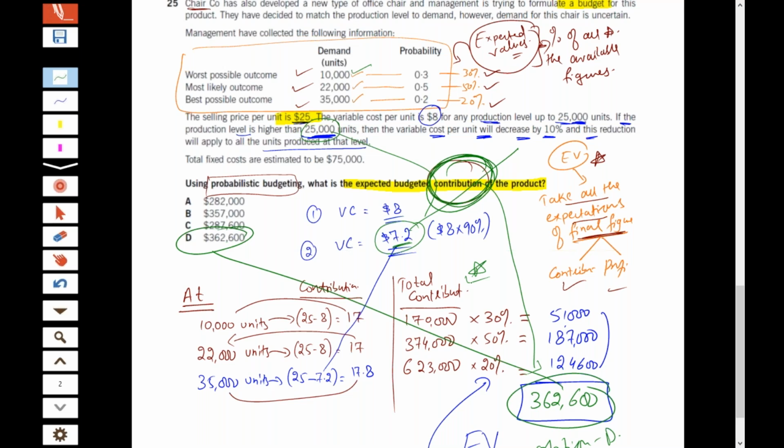Probabilistic budgeting means budgeting based on your different percentages, your different expectations. The function of expected value is to apply all the expected percentages on the final figure, either contribution or profit. But the question asked for the contribution.